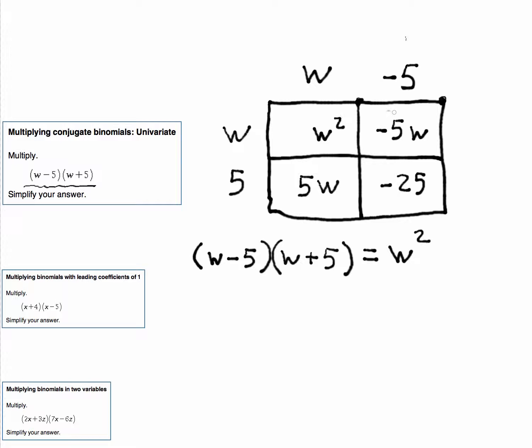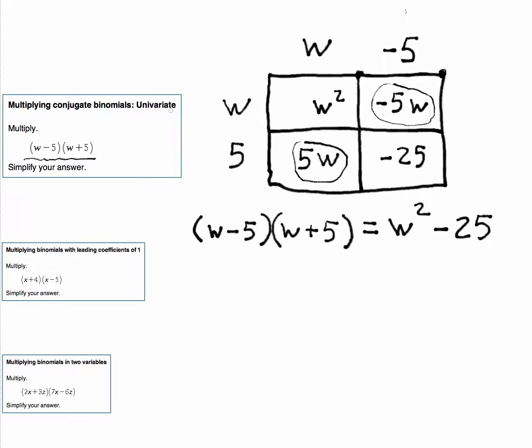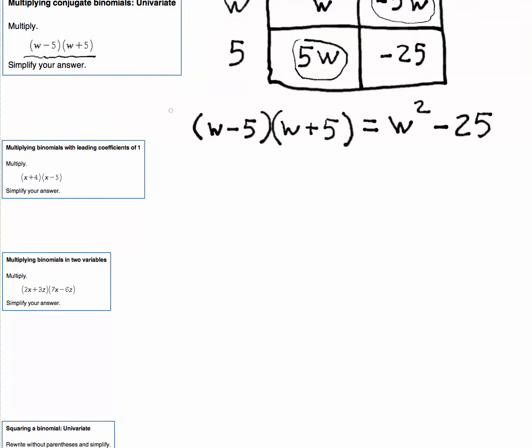And now look, if I add minus 5w to 5w, I get 0. And then I just have to tack on a minus 25. Okay, so those are called conjugate binomials. The word conjugate is very important in mathematics, and these are examples of conjugate binomials. It's important when we study complex analysis, for example.